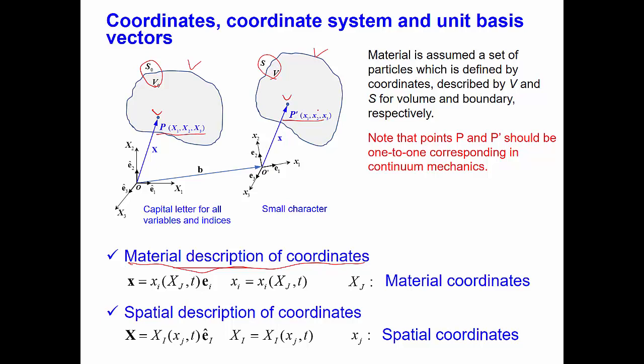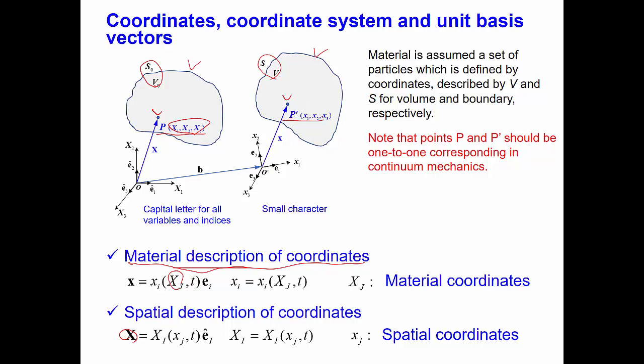The vector, bold and capital letter X, expresses the position, that is, coordinates of the particle. And the coordinates are the most basic geometric quantities of the material, which describe the shape or configuration of the material, of course.